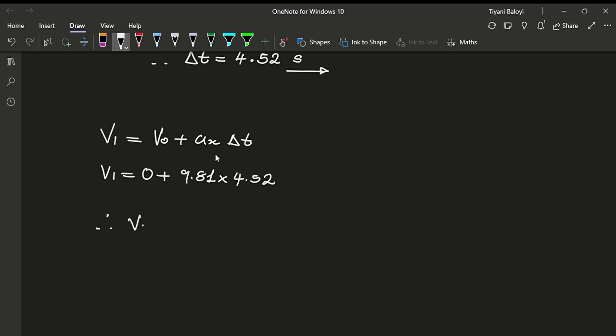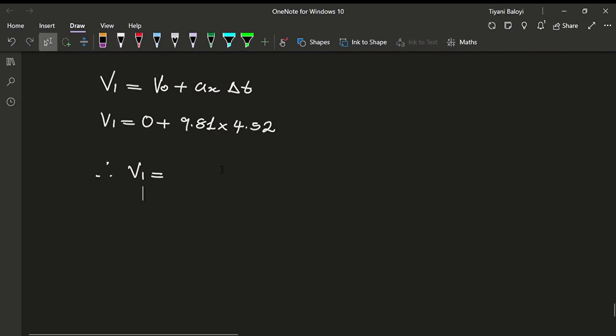Therefore, v1 is equal to, 9.81 multiplied by 4.52, that gives us 44.34 meters per second, downwards. Let's not forget our direction.